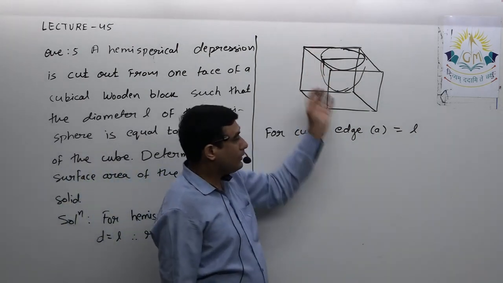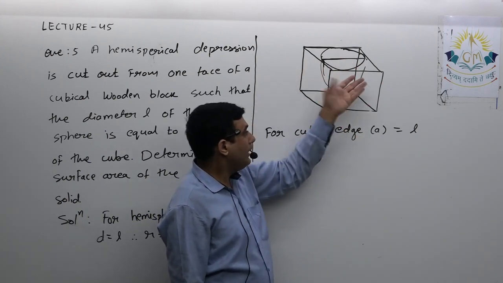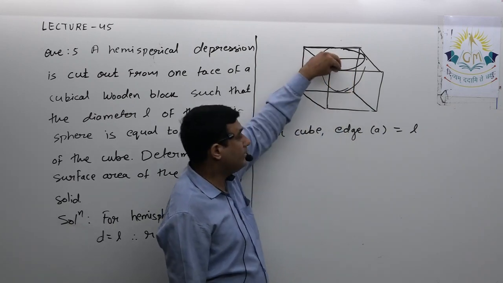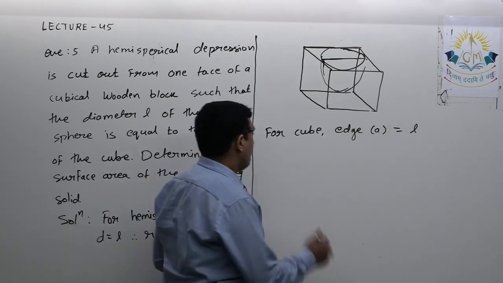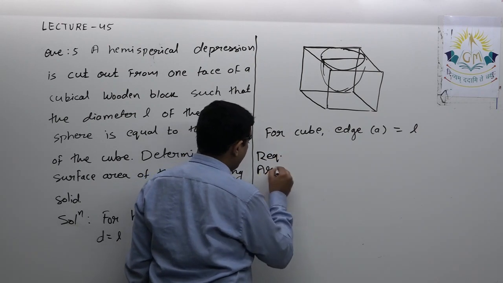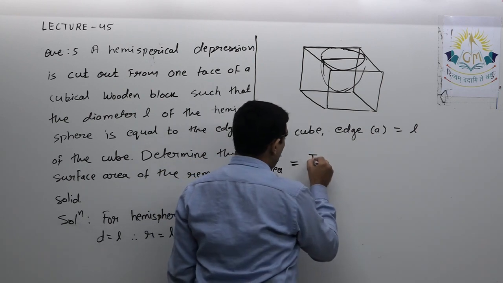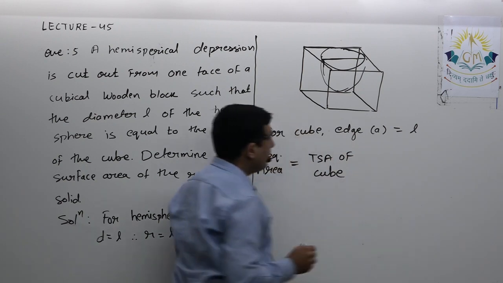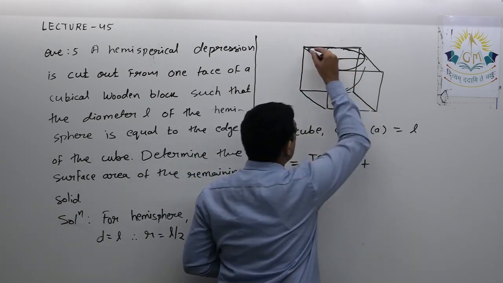So when you take out a hemispherical portion from this, you will be able to see a hemispherical cavity or depression or scoop within that cube. So over there again it is possible to paint. The required area can be written as, first we'll say TSA of cube. However, TSA of cube is not correct because the upper surface won't be there, but here I am taking that surface as well.